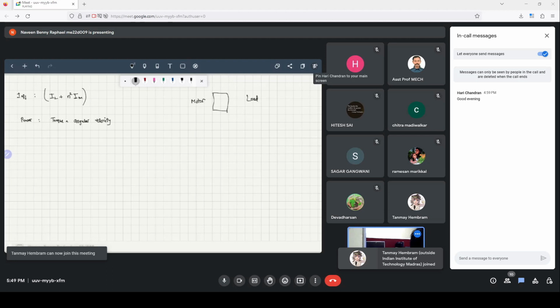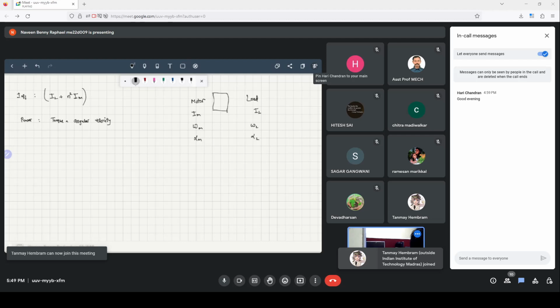We'll call these IM and IL. Likewise, the angular velocity of the motor is omega m, and its angular acceleration is alpha m. The angular velocity of the load is omega L, and its angular acceleration is alpha L.